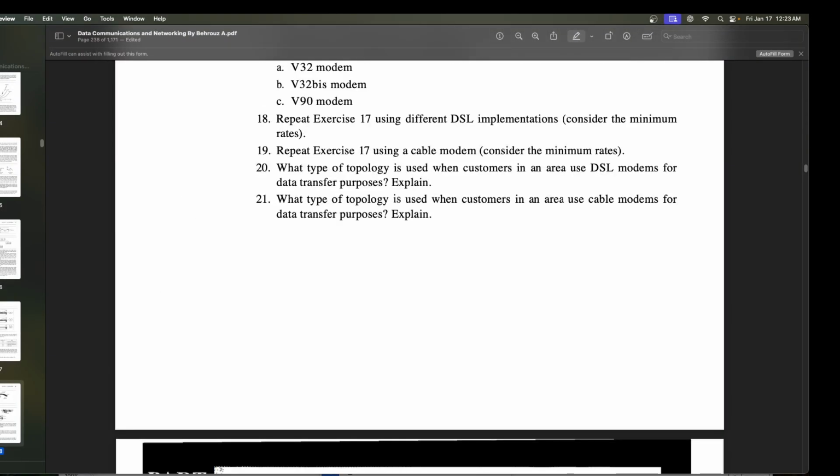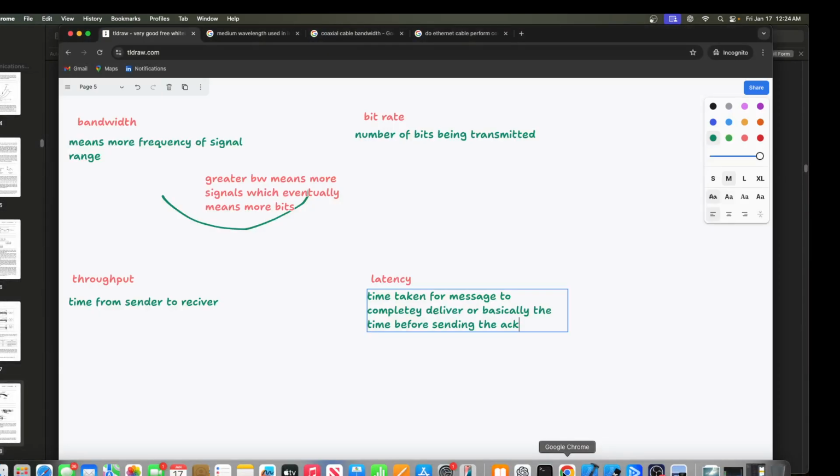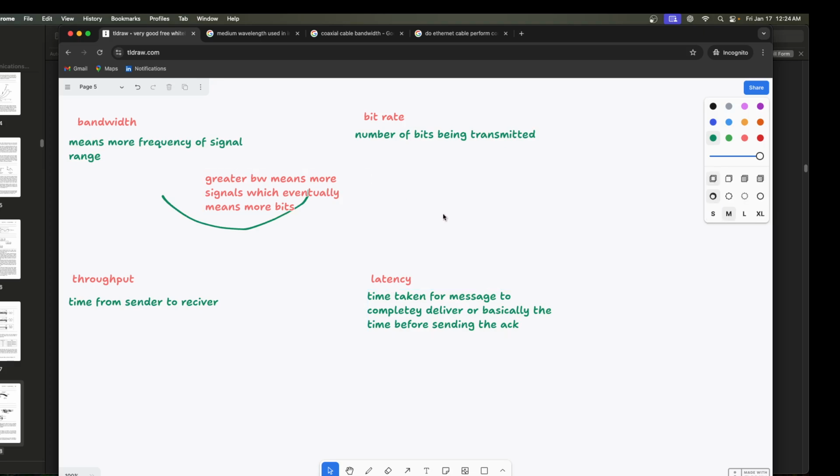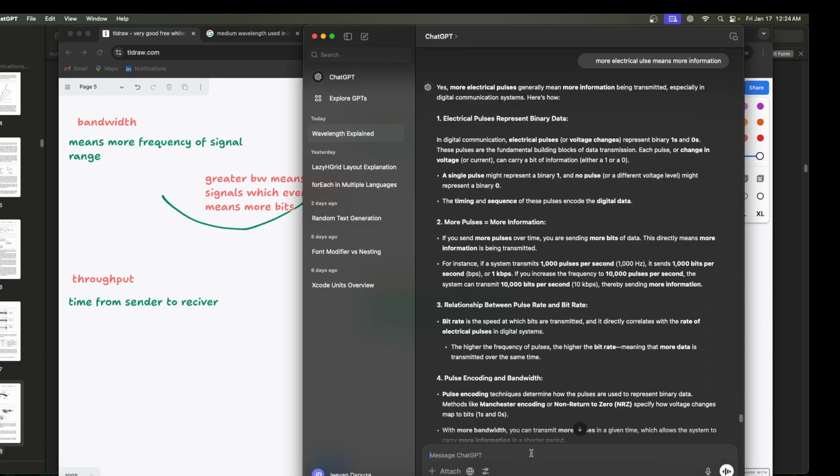DSL and ADSL, we'll see that. So then, what I wanted to search is that bandwidth is always fixed by the medium.